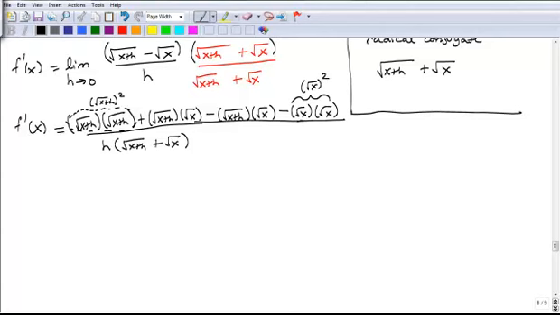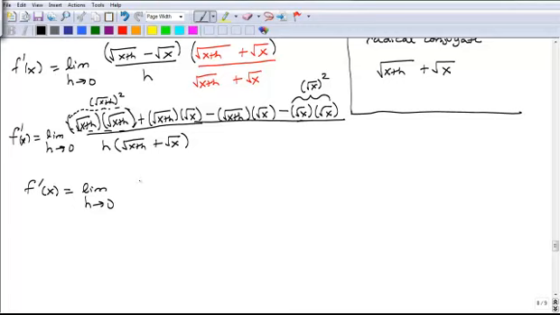Oh gosh, I forgot my limit. So square root of x plus h and the square root of x plus h is the square root of x plus h squared.